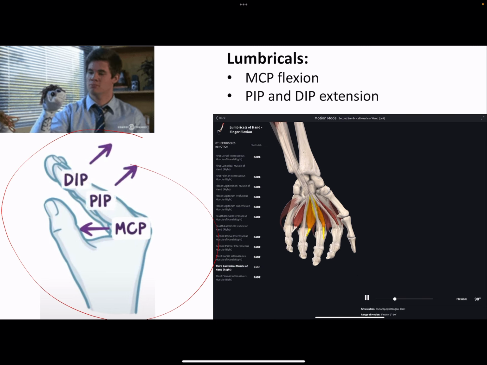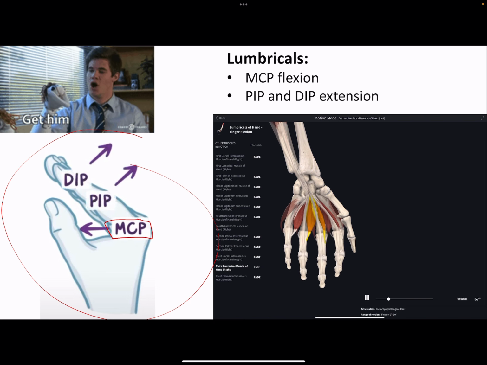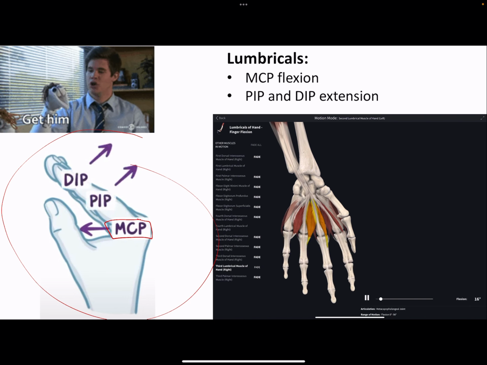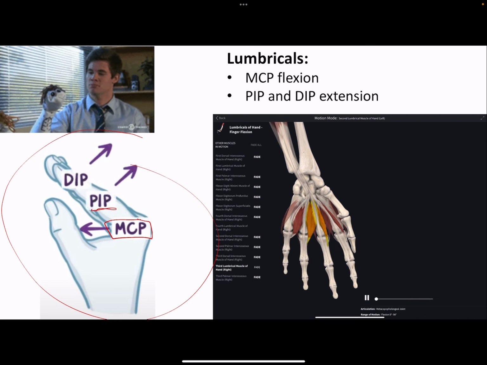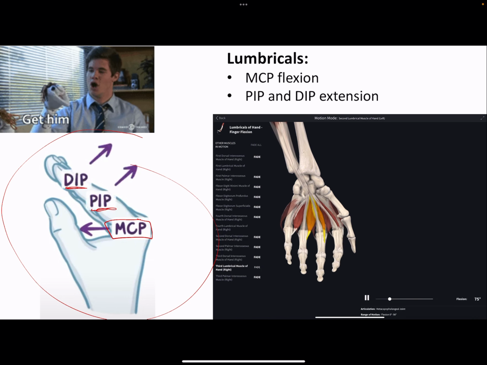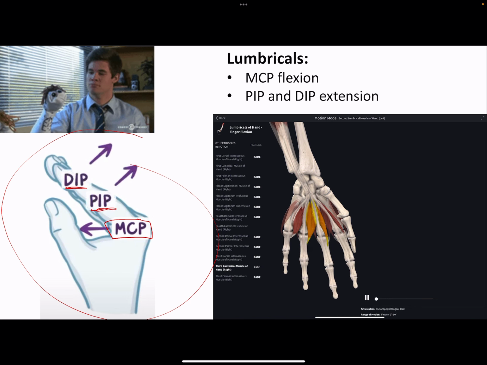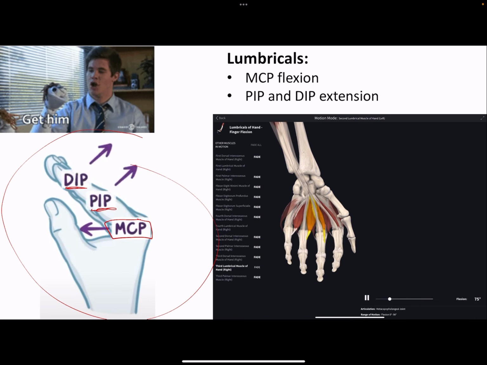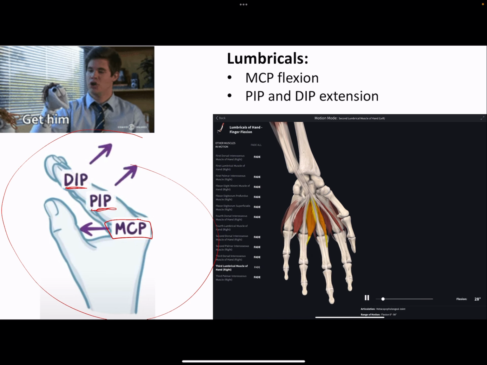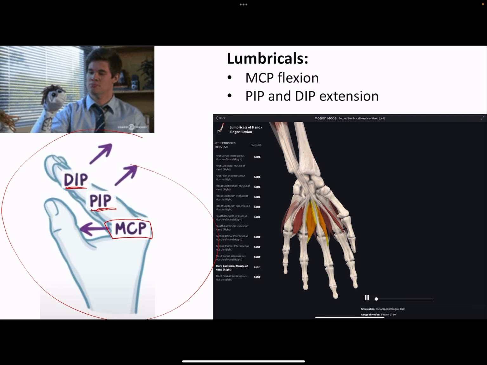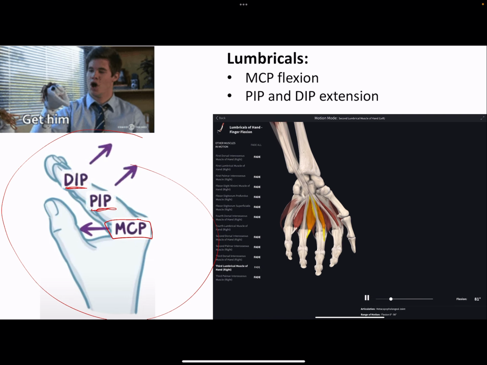So very specifically, and this is high yield, they will flex at the MCP joint. The proximal interphalangeal joint, they will extend, and they will also extend here. You can think of this as, I think, the one thing south of the elbow that is extending and is not innervated by the radial nerve. Actually, maybe just the arm in general.